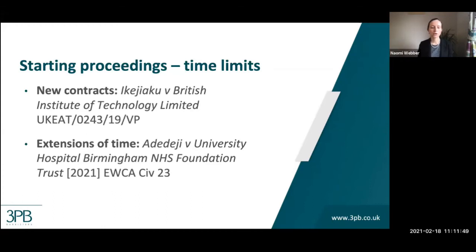Now, the Court of Appeal noted that considering all of the relevant factors and not seeing any one of them to be determinative was the correct approach for the ET to take, and then gave guidance as to how to approach the just and equitable extension.